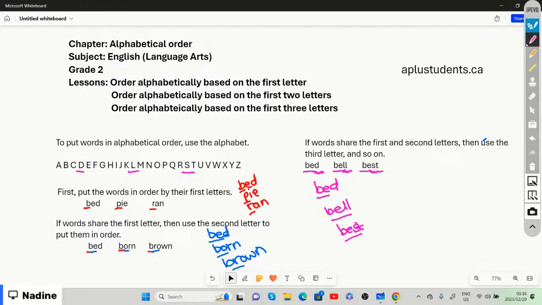And we said that we first put the words in order by the first letter. So if you have 3 or 4 words and the first letters are different from each of those words, then you put them in alphabetical order based on the first letter.